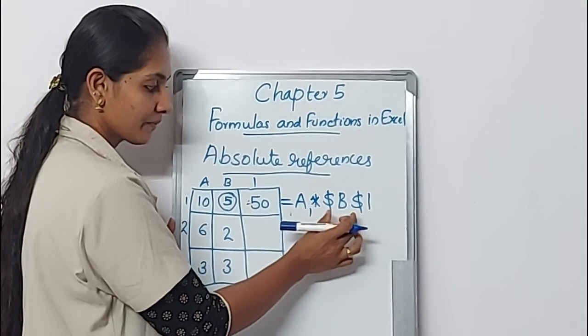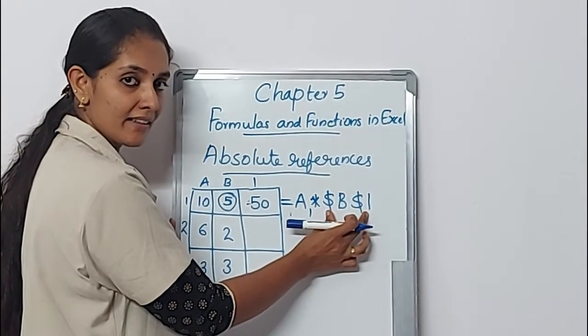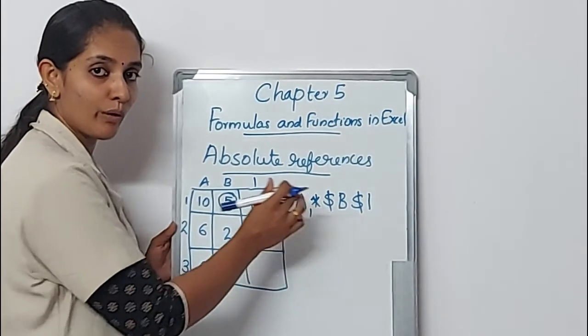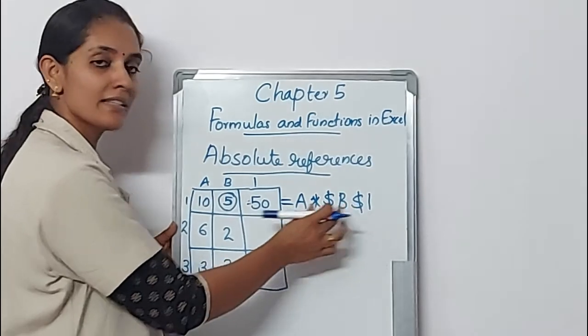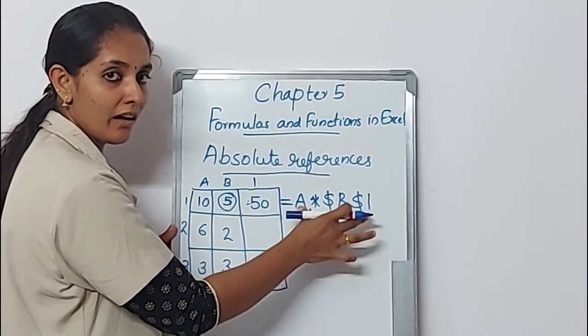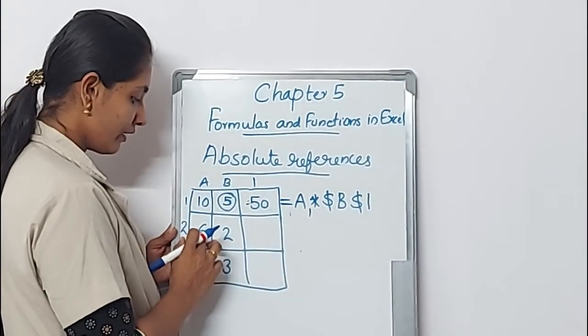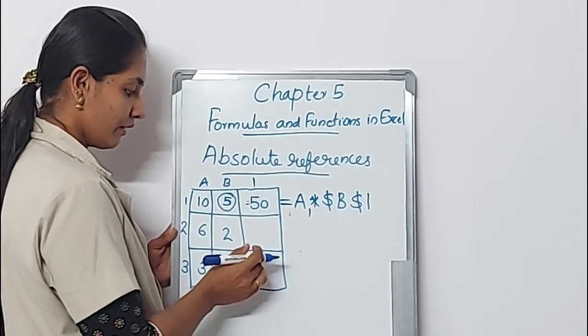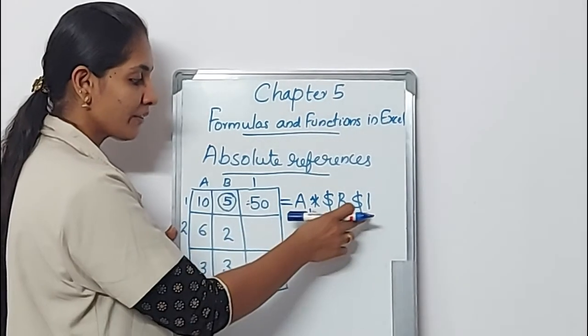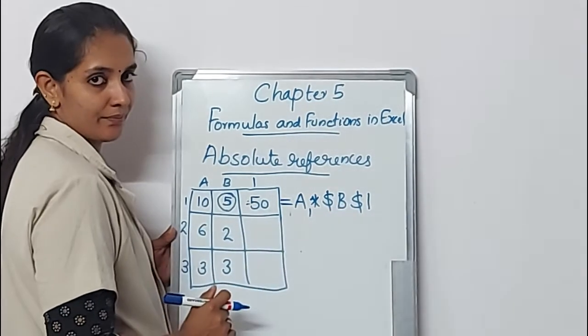This means the value of this cell address is constant. When we copy this formula to another cell, the value of this cell address remains constant. To find out the value of 6 into 5 and 3 into 5, we need to copy this formula to these two cells.